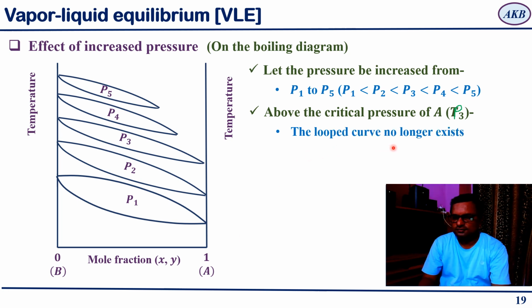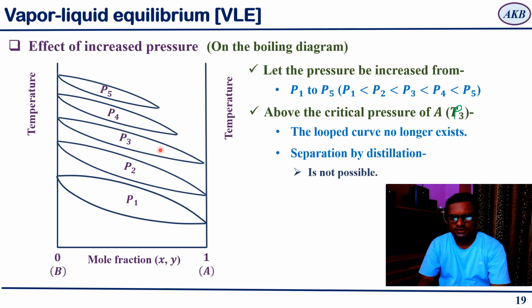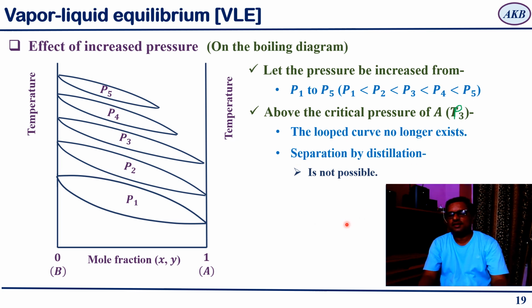The loop curve is no longer existing and separation by distillation is not possible in that case. So if we have this loop curve detaching from the temperature axis, then there will be no loop curve as such, and in those cases separation by distillation is not possible.